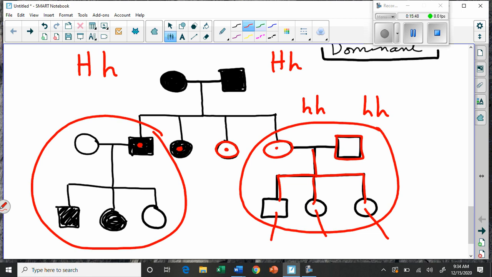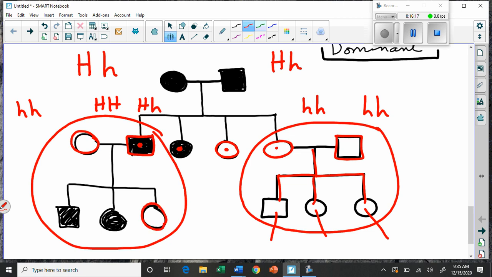However, the other line of the tree over here, you can see still has affected individuals in it. And so we can continue here and imagine what might be the case. So when you look at this, you know that this female right here is homozygous recessive. But we don't know what this one is, but we can guess. Because it has to be either two capital H's or a capital and a small, right, in order to be colored in. But look at this child.